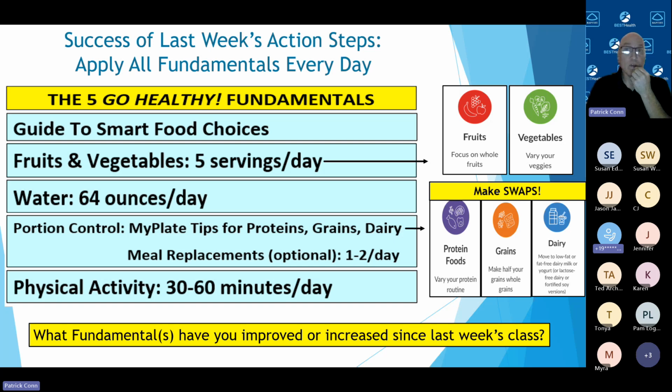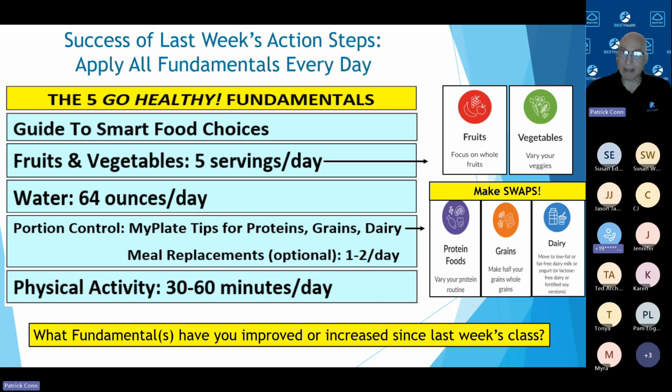Of course, if you're not quite at reaching 5 servings of fruits and vegetables daily, it's not quite attainable for you. Just meet where you are and work yourself up to that. Okay. And then we had the water intake, and we set the general goal of at least 64 ounces of water per day. Again, if that's not quite attainable for you, you just keep working toward that goal.